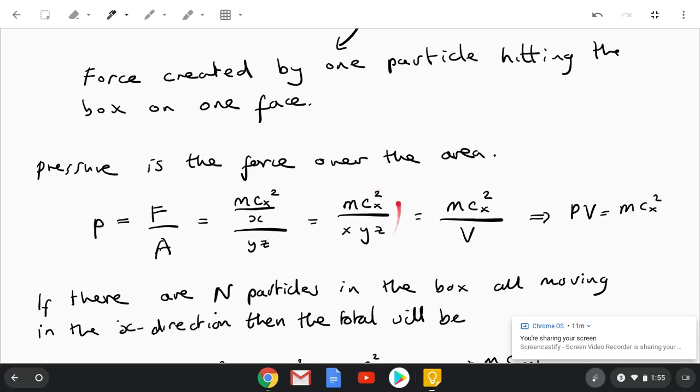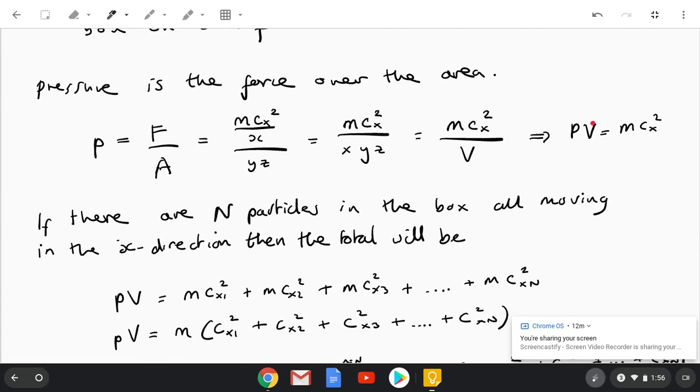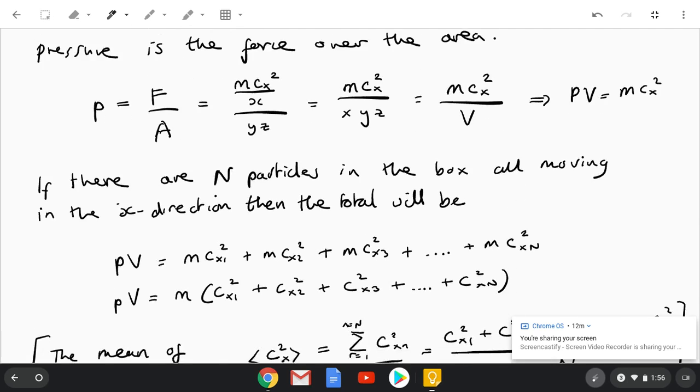Just doing algebraic manipulation, we get mass times the speed squared in the x direction divided by x times y times z, which is the volume of the container. And if I rearrange that, the pressure times the volume is equal to the mass of the particle times the speed squared.